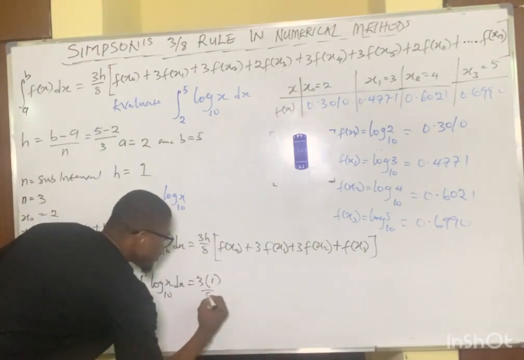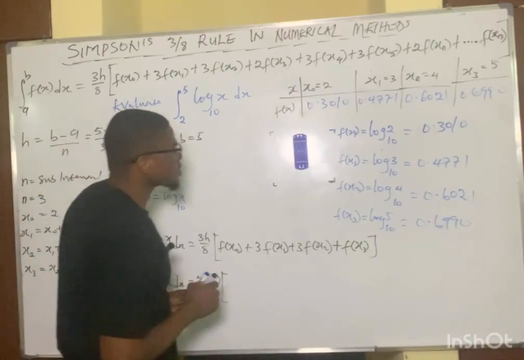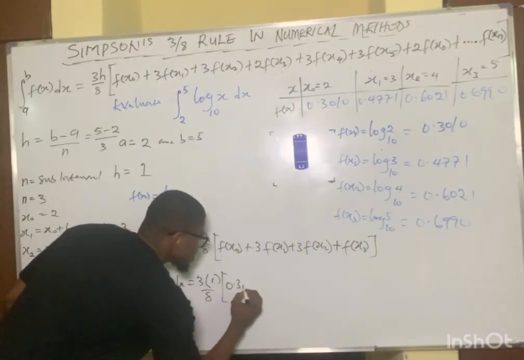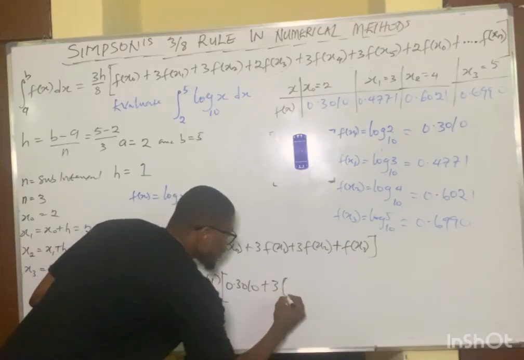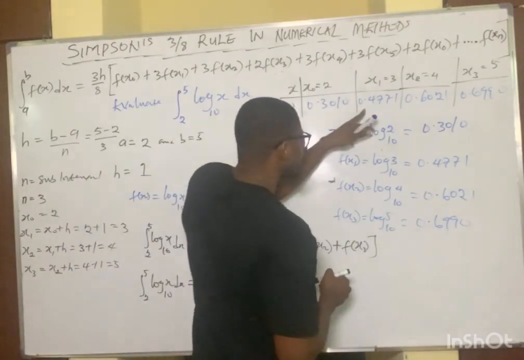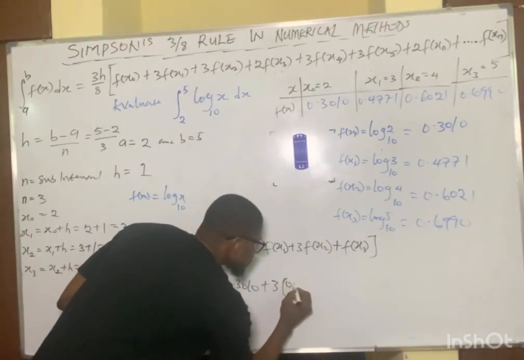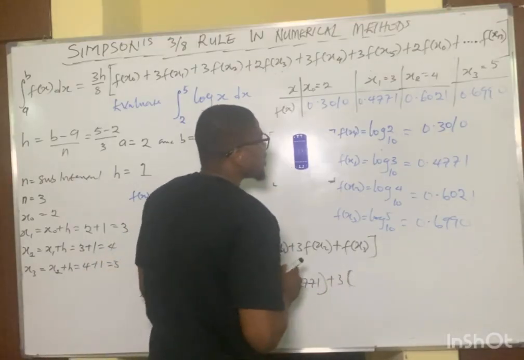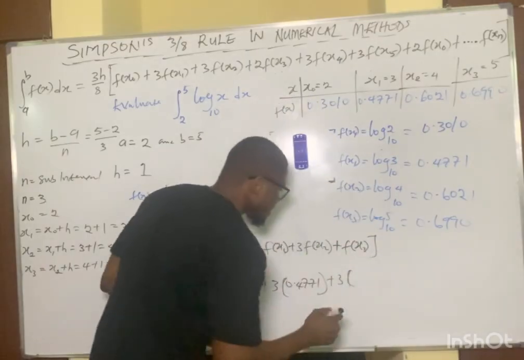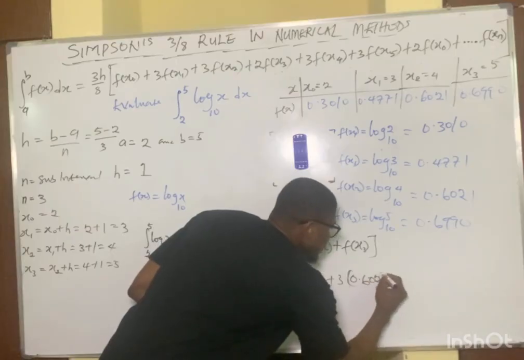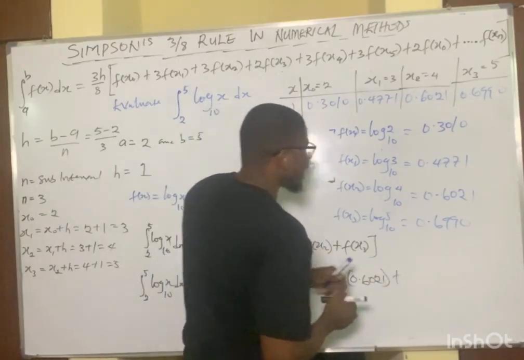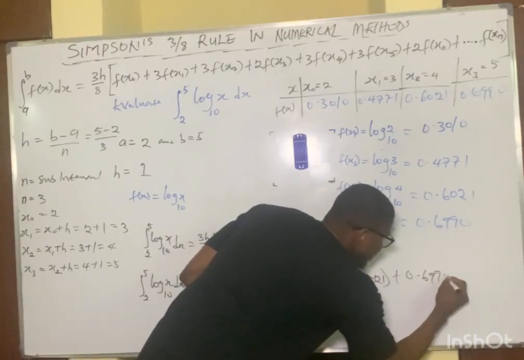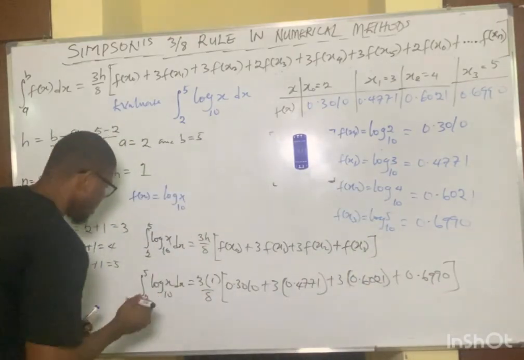So 3 times 1 all over 8 into f of x0. f of x0 here simply gave us 0.3010, plus 3 f of x1. f of x1 gave us 0.4771, plus 3 f of x2. f of x2 gave us 0.6021, plus f of x3, and f of x3 gave us 0.6990. Okay, there you go.